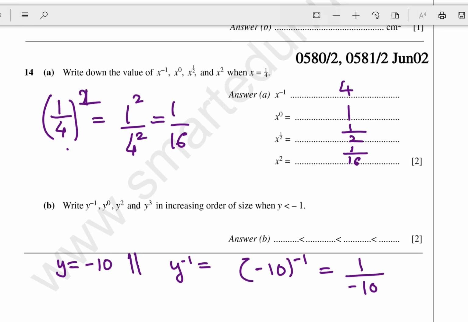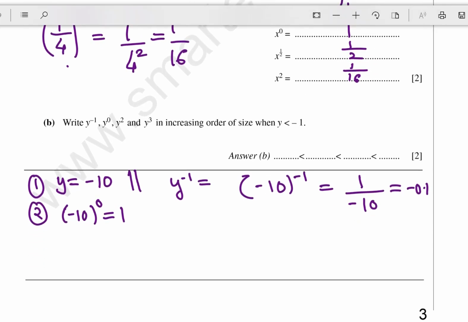Okay, and 1 upon 10 is 0.1. So 1 upon minus 10 is minus 0.1. That is your first number. Now they're telling you y raised to 0. So if we have taken y as minus 10, minus 10 raised to 0 is 1.